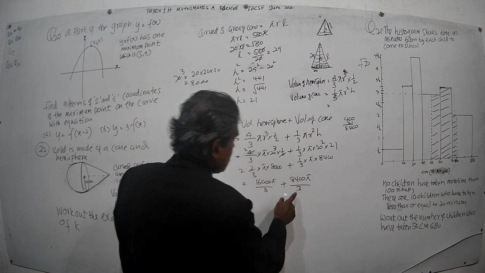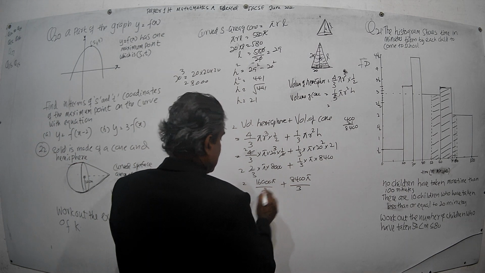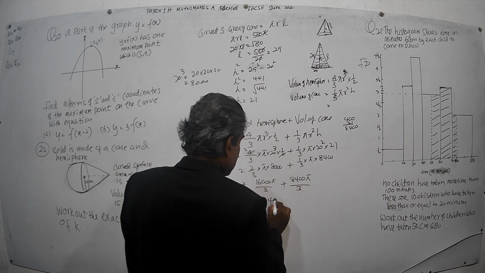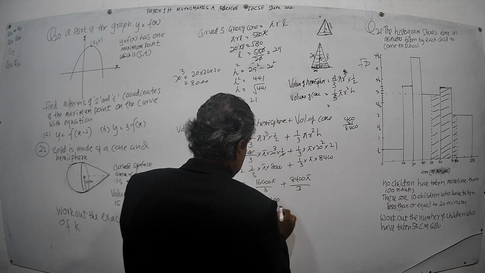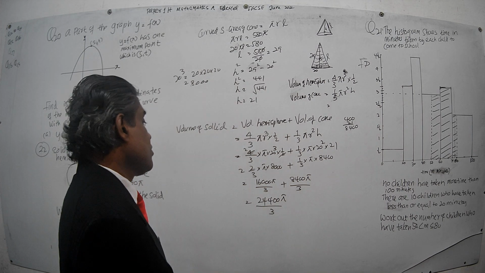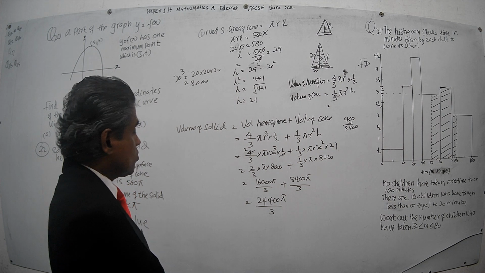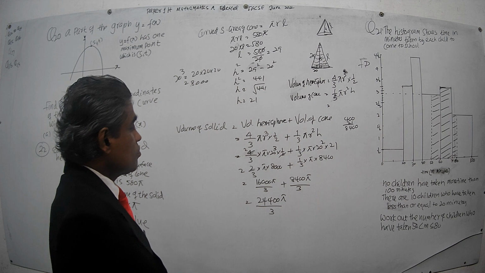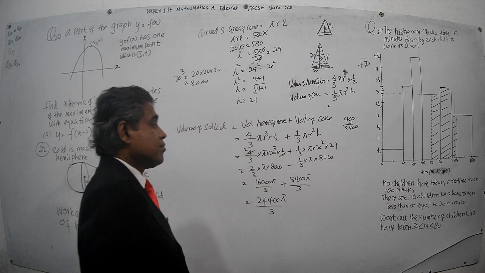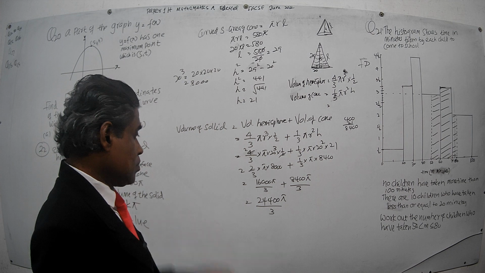Now you can add them together because the two fractions have the same denominator, so you can add the numerators straight away. 16,000 plus 8,400 means 24,400 pi over 3.